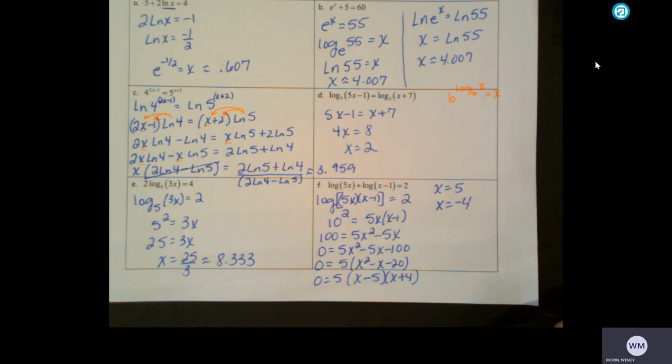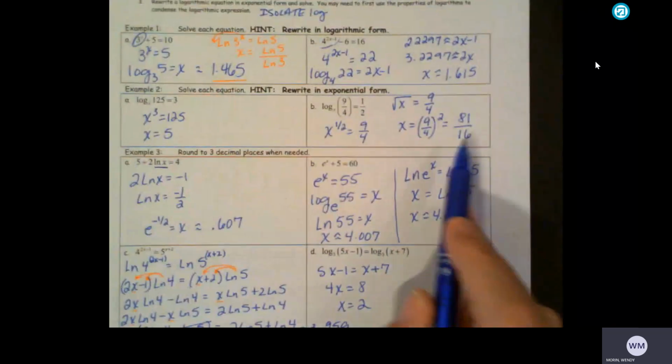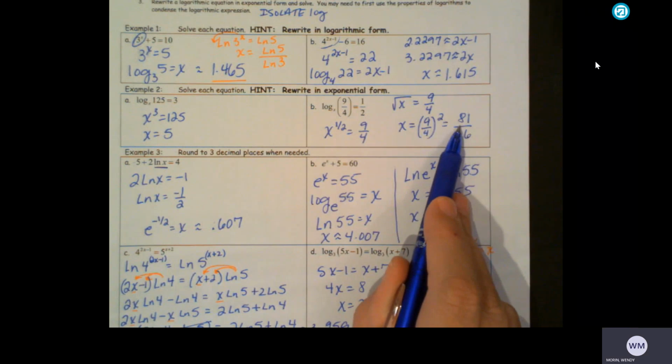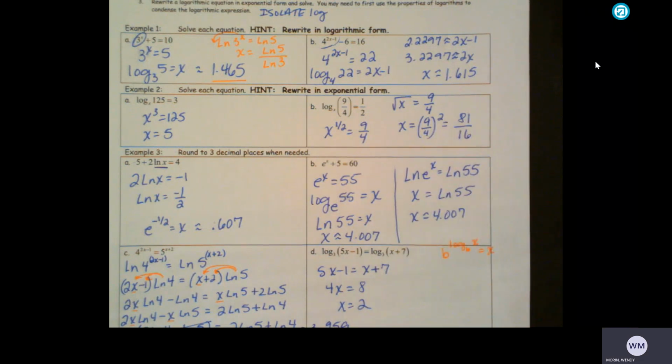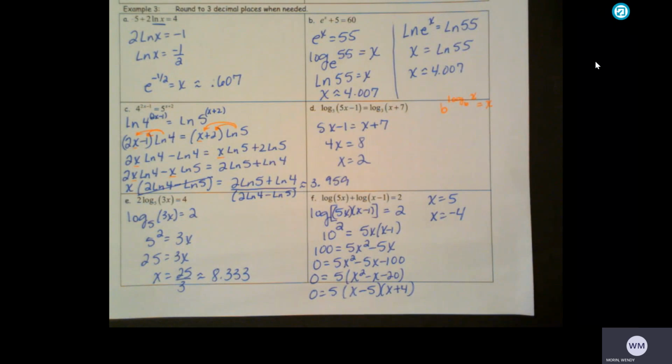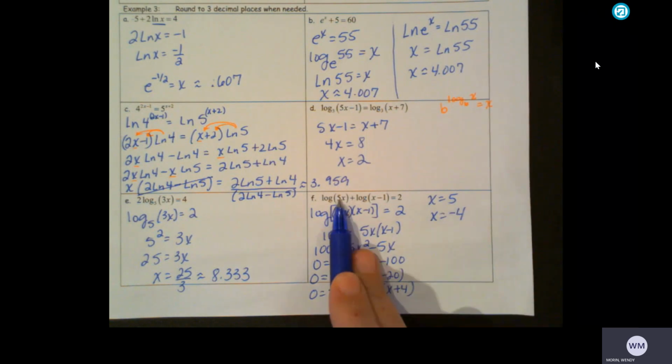Okay? Because you cannot have a negative base. So if it was negative, there would be no solution. You also cannot take the log of a negative number. So when I plug in 5, I get 25.